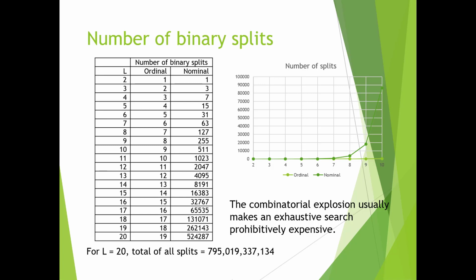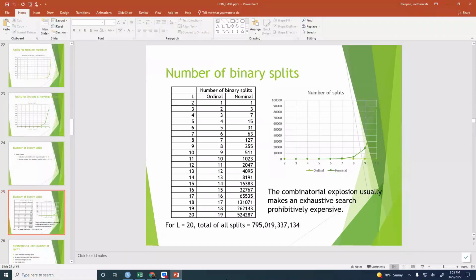If you do only binary, it's only 524. This is the reason why decision trees mostly use binary splits. No other splits are considered. All right. Let's stop here, and I'll see you Thursday.